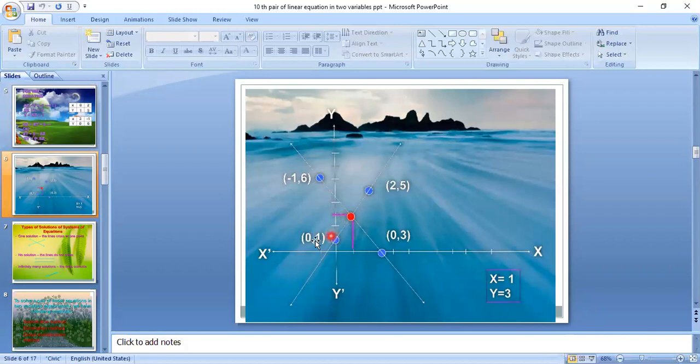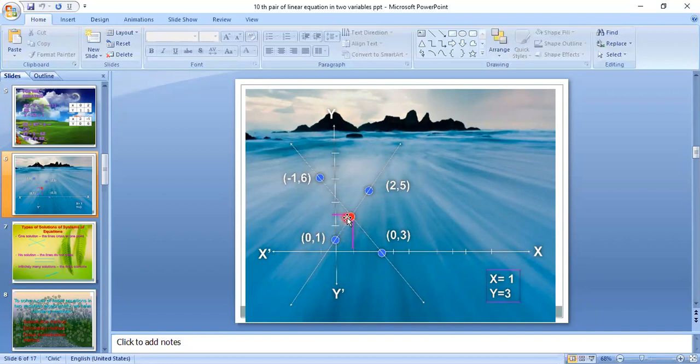And plot the graph. This is X'OX, Y'OY. The horizontal axis is called the x axis, the vertical axis is called the y axis. So here you plot the points. You get (0, 1), (2, 5) and (3, 0), (minus 1, 6).